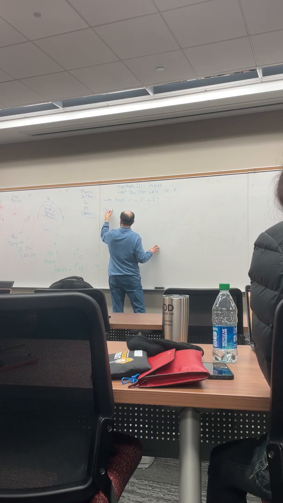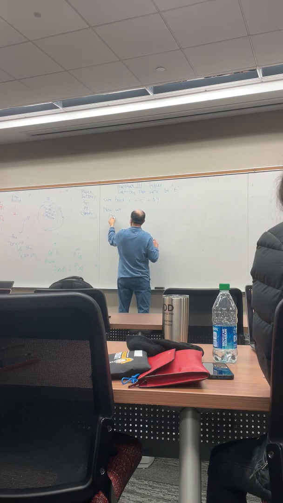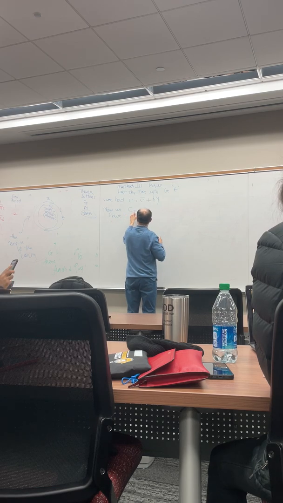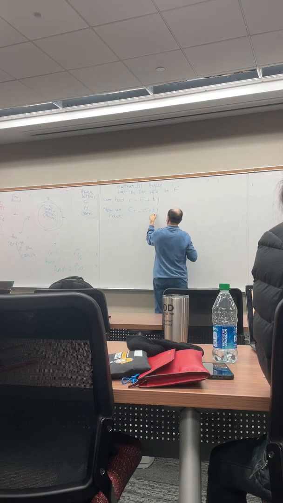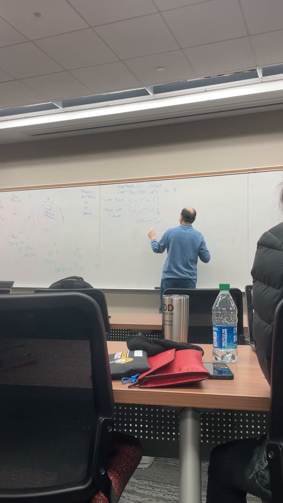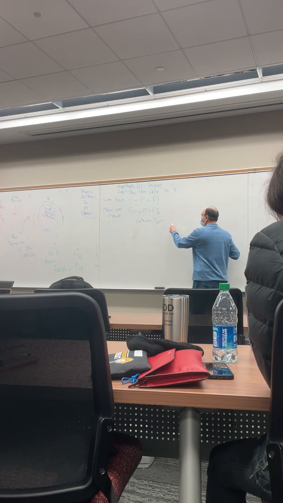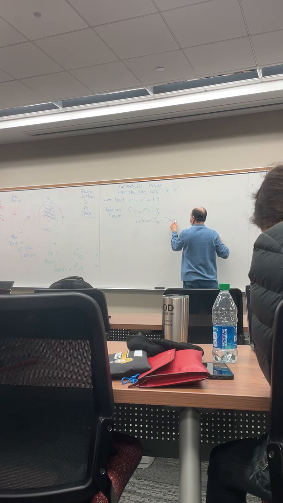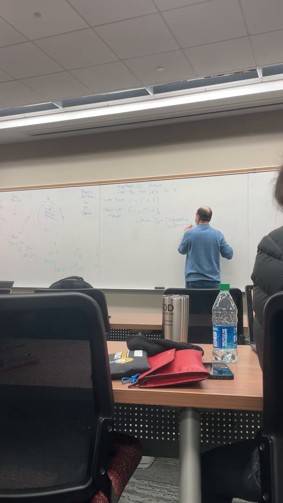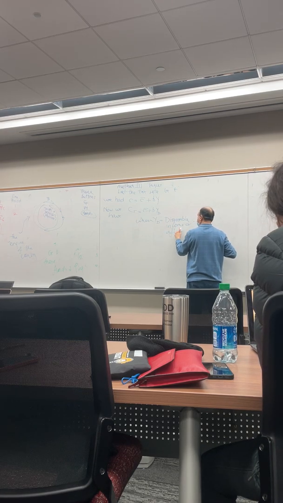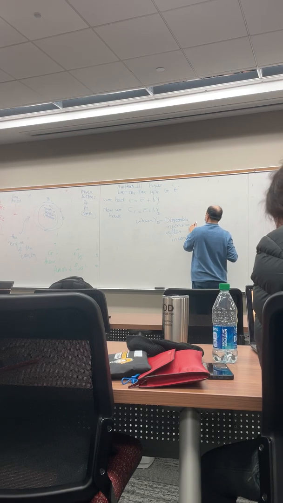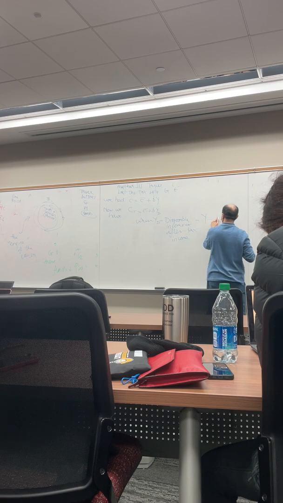Now we have the consumption function with taxes: C is C bar plus B YD, where YD is disposable income, or after tax income. So YD is Y minus T times Y.